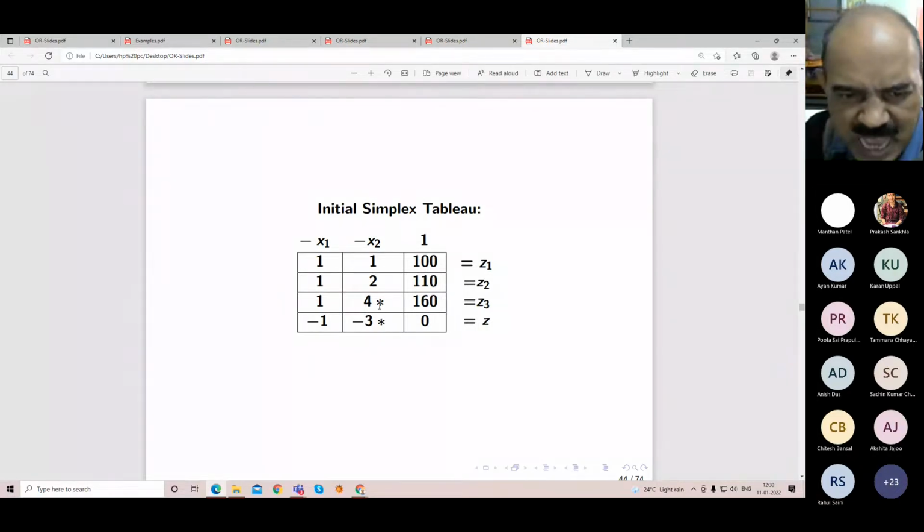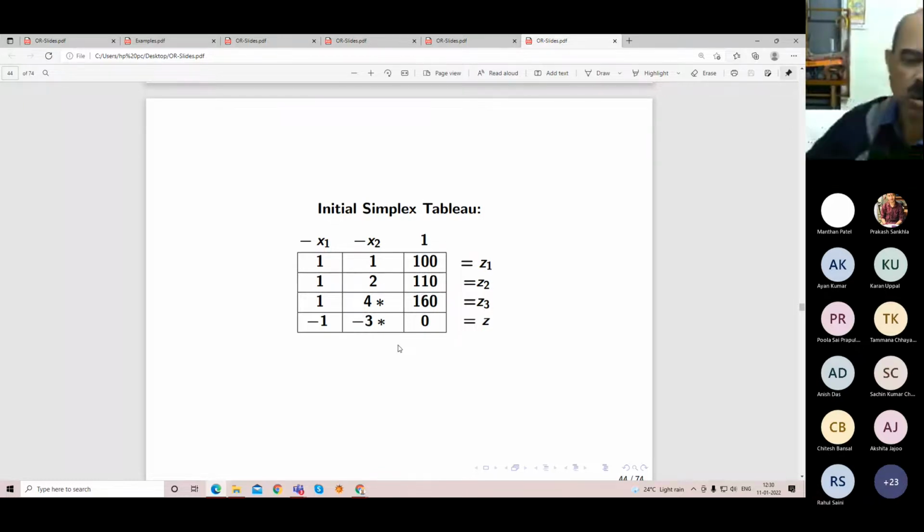There is a star mark. The first star we have selected because with respect to the most negative element I have put a star mark. So -3 is selected. After selecting -3, we are taking the positive ratio. From the positive ratio, 40 is the minimum.